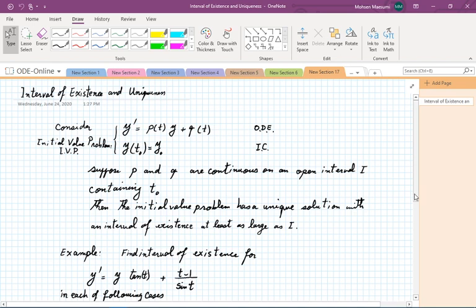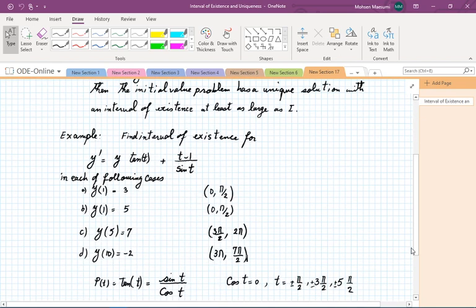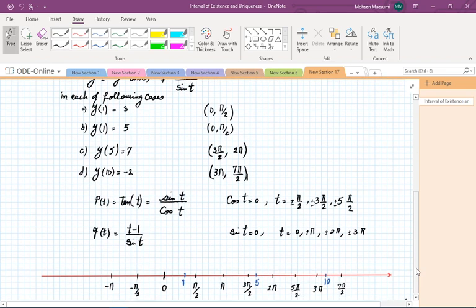So for example, here we had a problem with y prime is equal to y tangent of t plus the other function, t minus 1 over sine of t. We found the points of discontinuity of these two functions, and to keep track of them, we put them on the real number line. That was easy. Then we locate our initial time value.